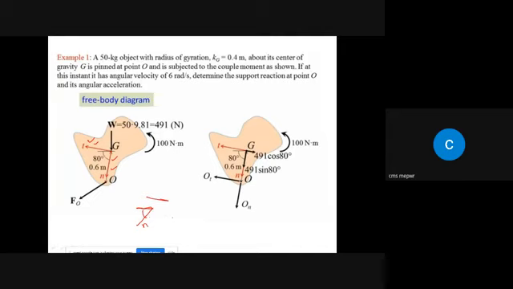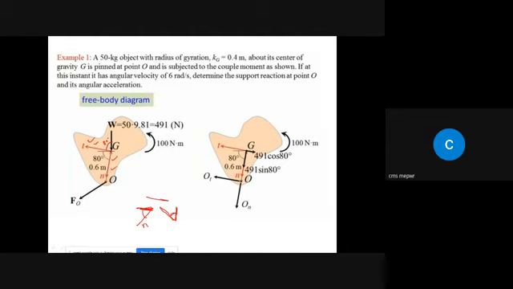So if I draw a perpendicular to horizontal, which is basically this vertical, and a perpendicular to N, which will be T, the angle between these two should also be 80 degrees.